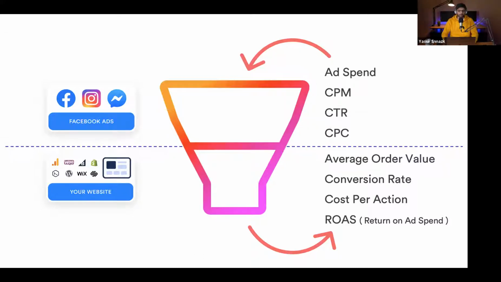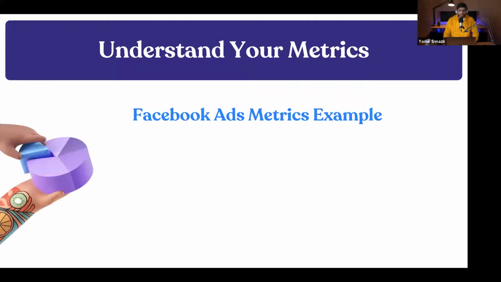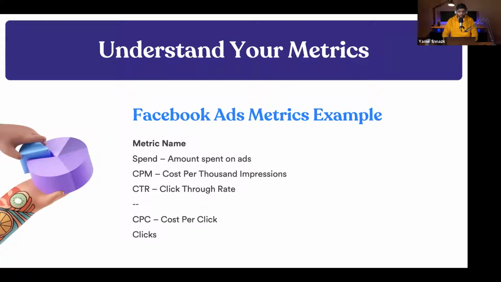Okay, so let's give some examples of the Facebook metrics, so the top of the funnel metrics. So let's say the amount spent on ads is $1,000. The CPM, the cost per 1,000 impressions, that's determined by Facebook. So let's say it's $5.